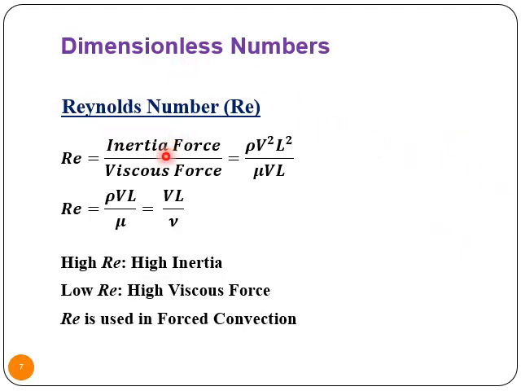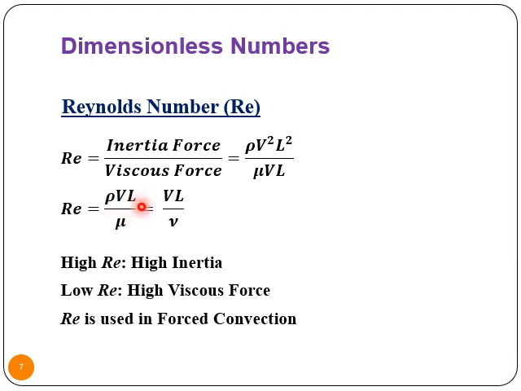So the first dimensionless number is the Reynolds number, which is given as inertia force by viscous force. Almost all of this is covered in fluid mechanics, so you know that the Reynolds number is given by rho v L by mu.